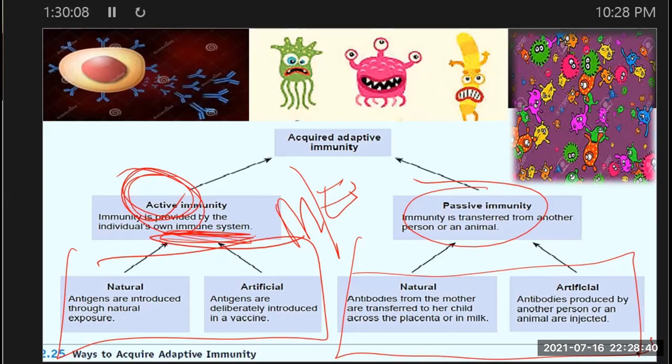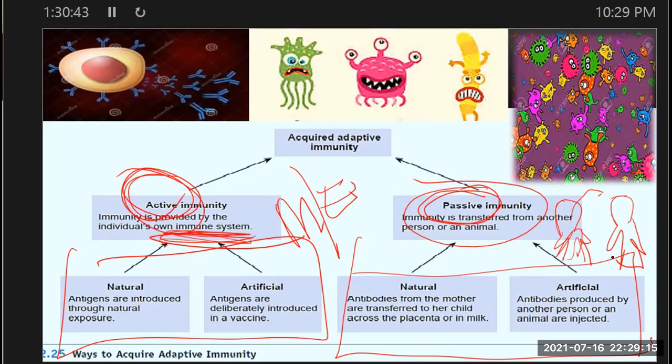Passive immunity occurs when another person or an animal develops antibodies, and the antibodies are transferred to a non-immune individual. So one individual's serum, with its antibodies, is transferred to another individual.